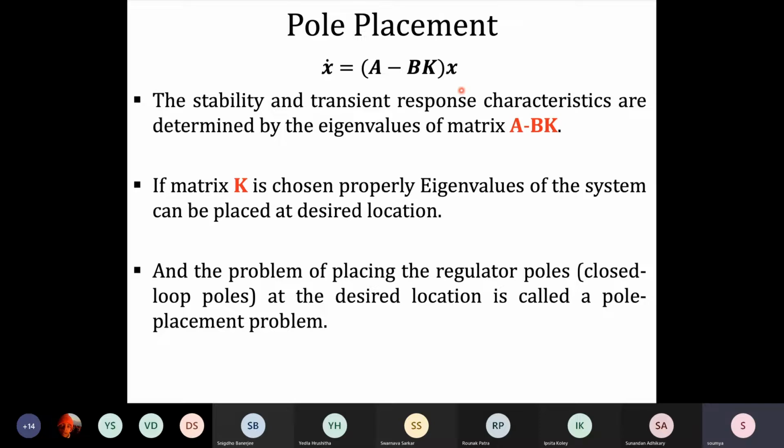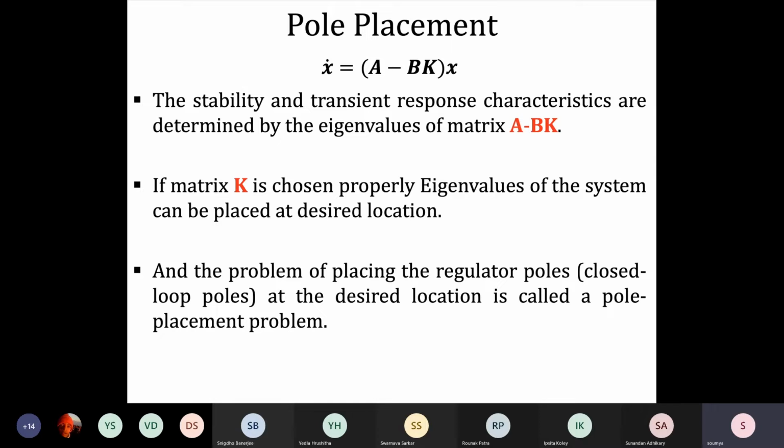So the eigenvalues of this matrix are going to be the pole positions, and the pole positions are going to control the stability criteria, the transient response characteristics, and all these things about the system, right?